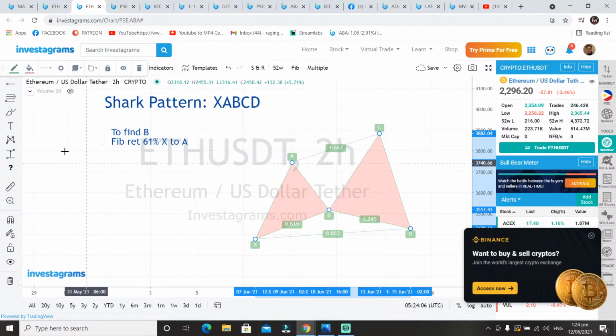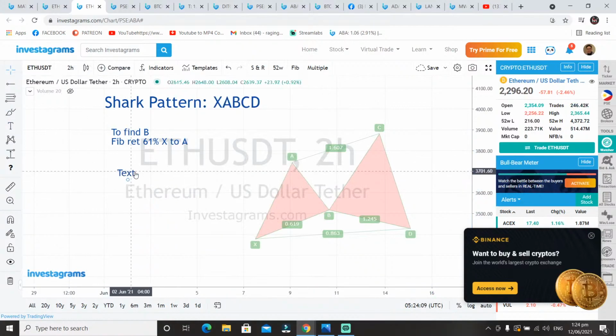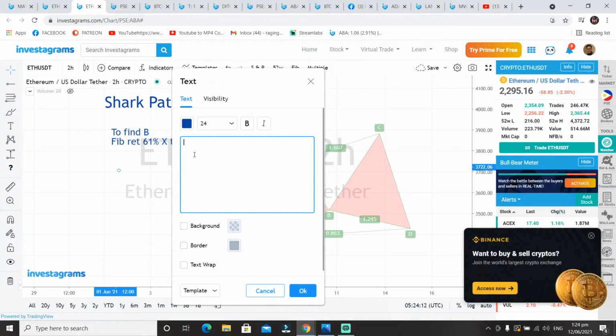To find C, we need to use fib retracement, and it should be at 113% to less than 161% of X to A. Sorry, A to X.